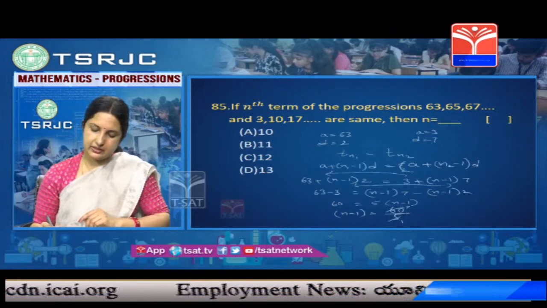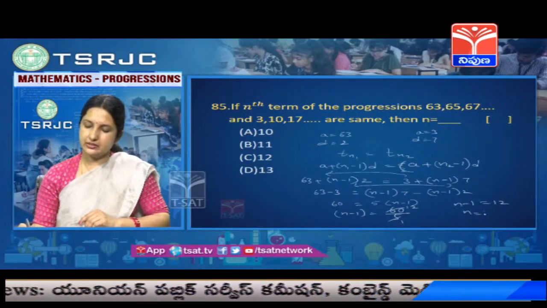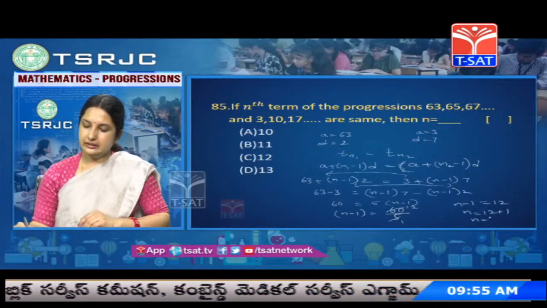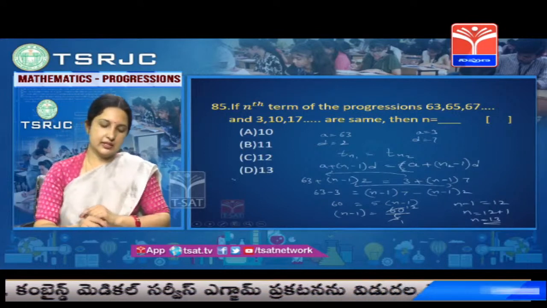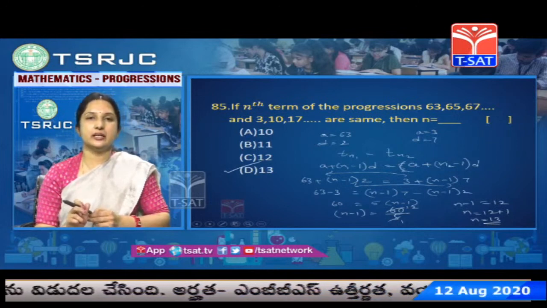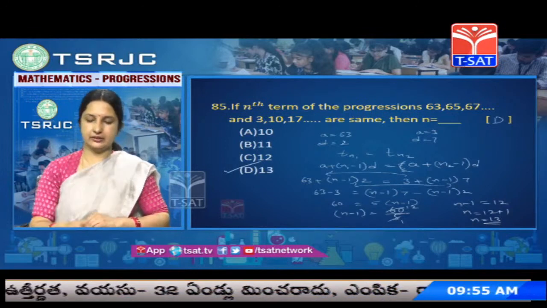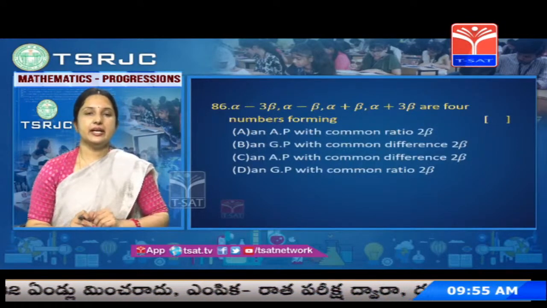So n minus 1 equals 12, then n equals 12 plus 1, 13. So the 13th term of both the arithmetic progressions is the same. So option D.